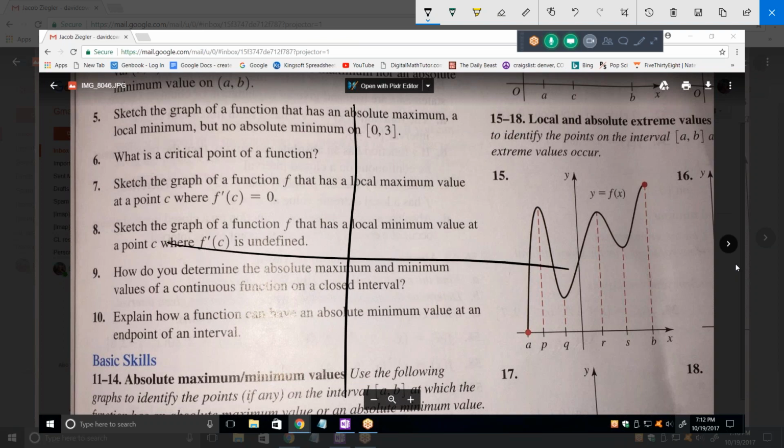If I plot y equal x cubed, there is a point right there which has a 0 slope tangent line, and yet it is neither an absolute minimum, it's neither a relative minimum, let's use their terminology, it's not a local minimum nor is it a local maximum. And yet, whether it's a critical point or not, I don't know.